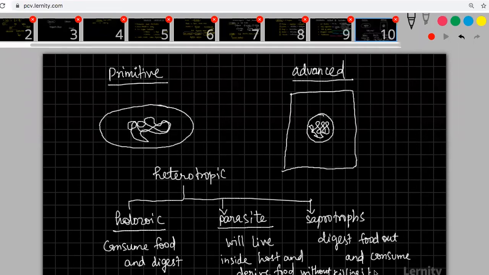If you are talking about parasites, parasites will not kill the organisms. For example, leeches in your body, or lice in your hair. They will not kill you, but they are trying to consume food from you. It is like taking your food. Saprotrophs will digest it outside and consume only the nutrients.